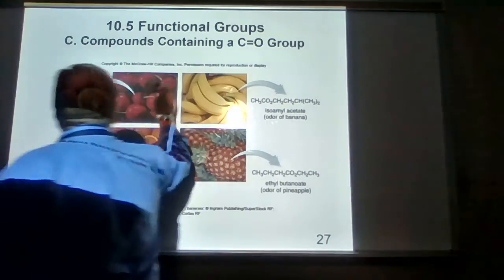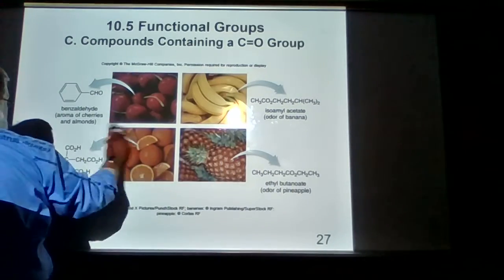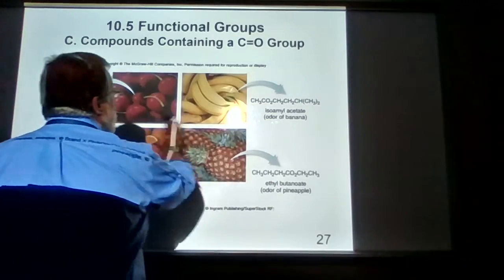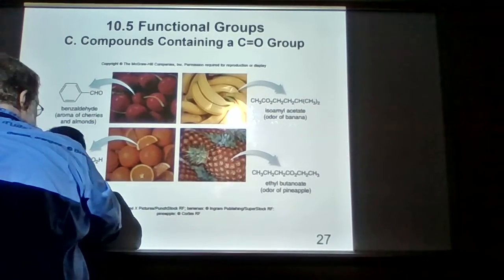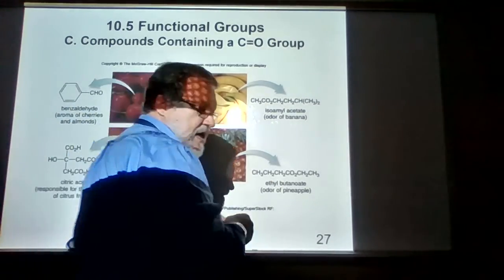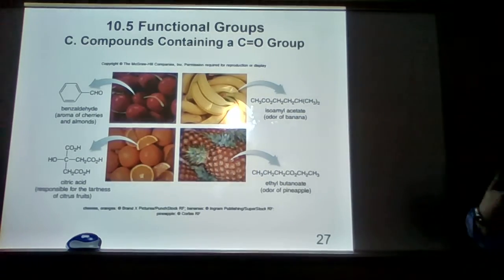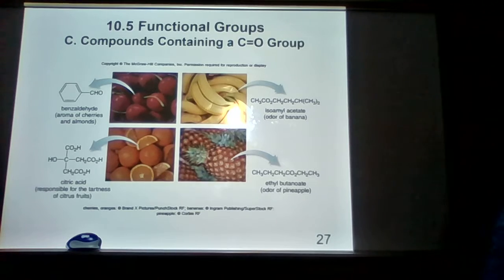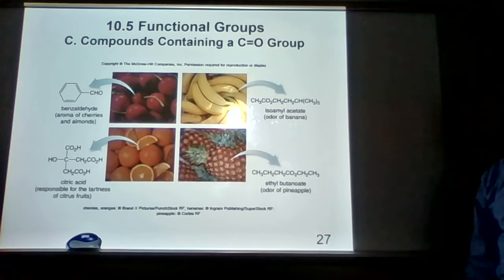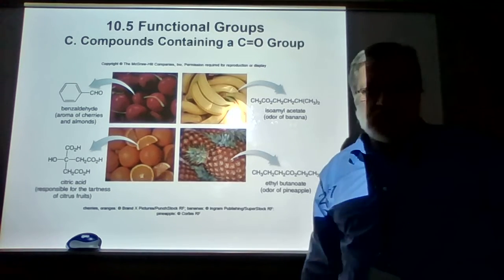The very interesting property that carbonyl-containing compounds have is that they generally tend to have positive odors or smells to them. The primary component of perfumes.